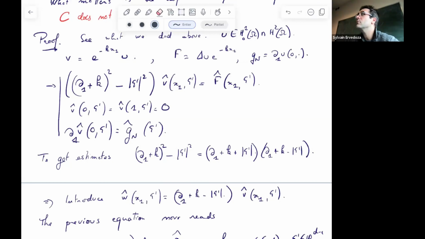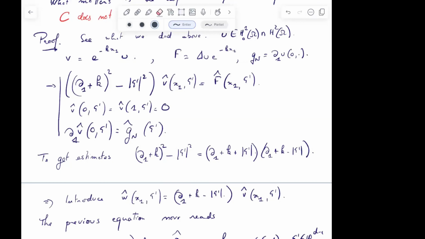Does it answer your question? Yes. In that case you have to deal with the full operator, and you can do similar computations as you performed. Okay, thank you.